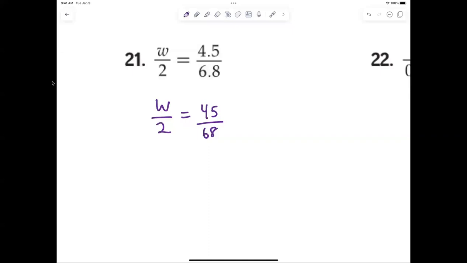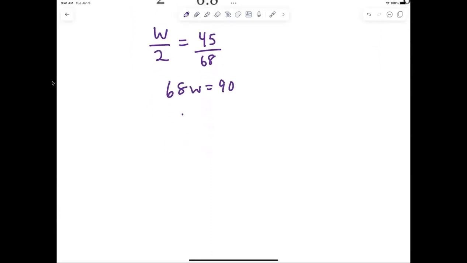Cross multiply. 68w equals 90. Everybody happy with that? And now we divide by what? So w equals 90 divided by 68. Now, of course, I can divide by what? 2. What's 90 divided by 2? And what's 68 divided by 2?